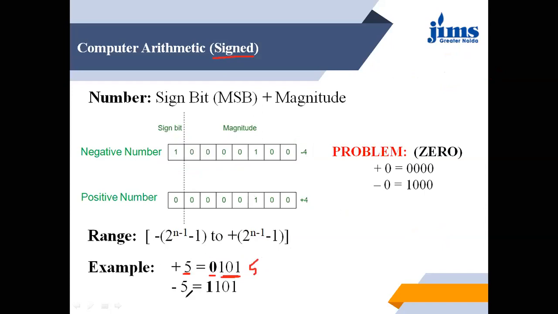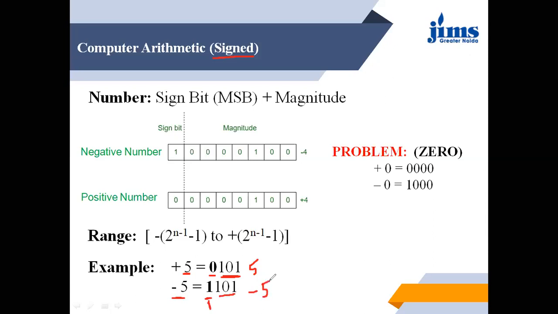And when we have to represent minus 5, the first bit, that is the MSB, represents a negative number, and the rest equals 5, so it represents minus 5.